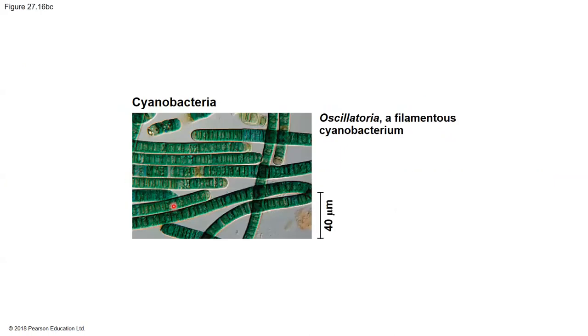So this is a picture of filaments of a type of cyanobacteria called oscillatoria. Okay, and as you can see, from inside, it has these green pigments, just like plants, and these green pigments allow this bacterium to capture the light energy.